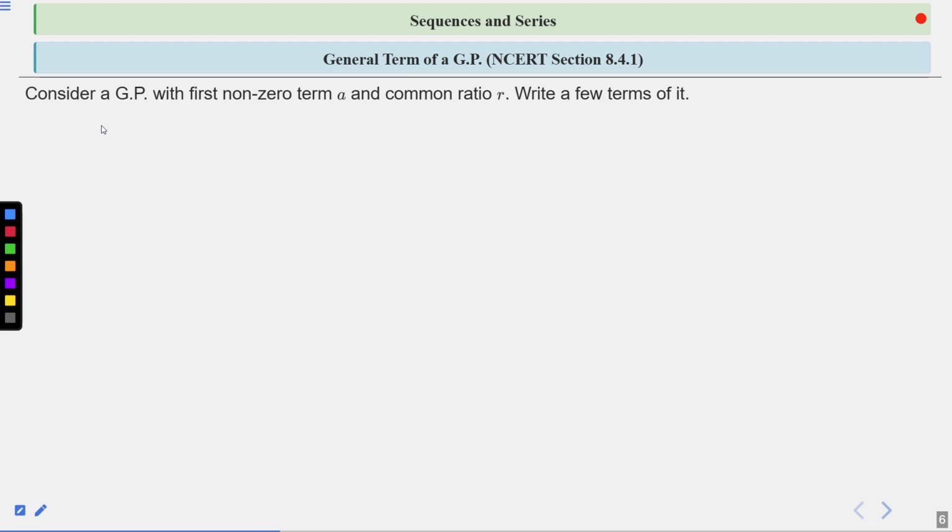Now, general term of a GP. Consider a GP with a non-zero first term, say A, and a common ratio R. You can easily construct your GP sequence. Now, write a few terms. So, how are you getting your terms? Simply, the first term is A, the second term is simply the first term multiplied by R. You will get your second term A2 as AR.